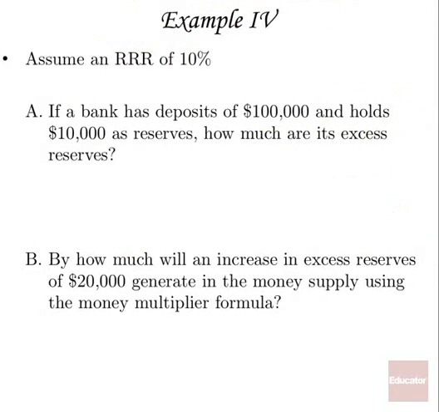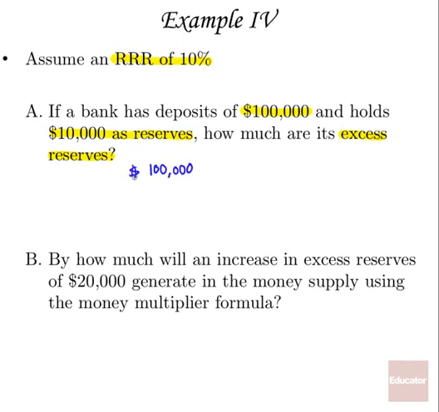Okay. And the final example, let's assume this reserve ratio of 10%. So if a bank has deposits of $100,000, so that means it's a liability of $100,000, and holds $10,000 as reserve, so that's the required reserve ratio. How much are its excess reserves? Okay, so meaning that, let's say $90,000 was lent out.